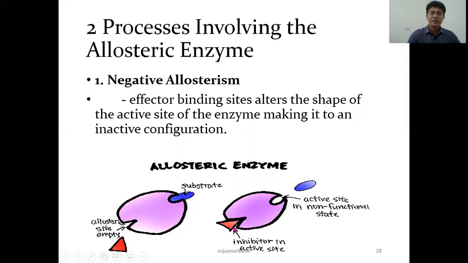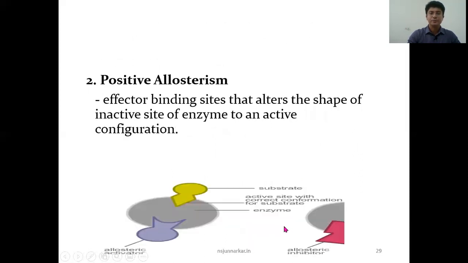When the inhibitor is in active state and binds to the allosteric site, it results in a change in the conformation of the enzyme such that the substrate cannot bind to the enzyme. This is the effect of the allosteric inhibitor on an allosteric enzyme.